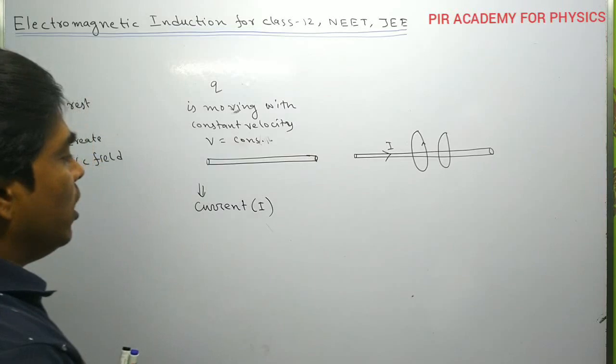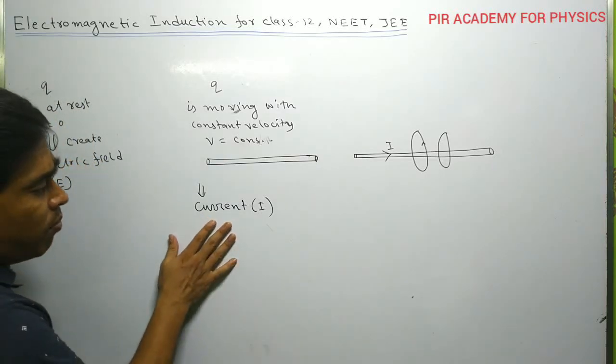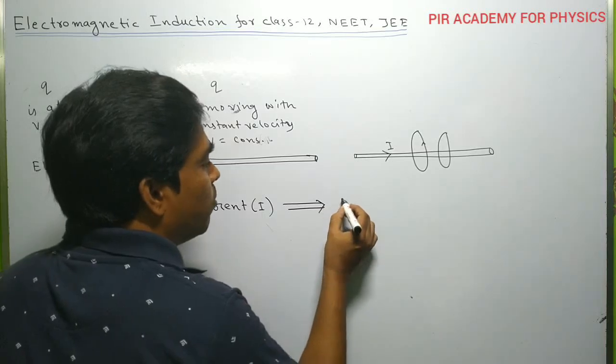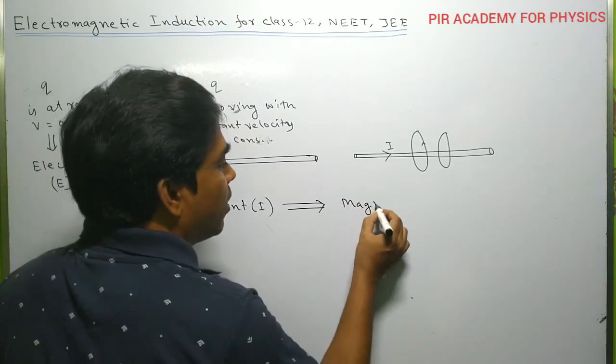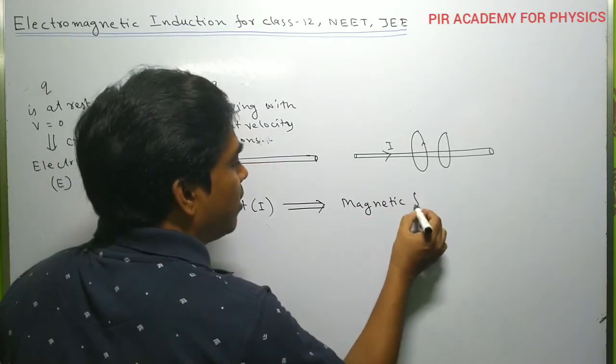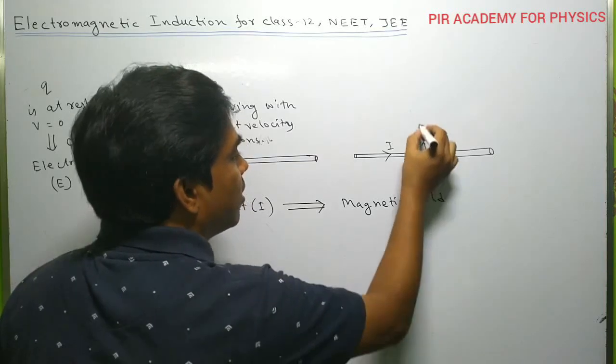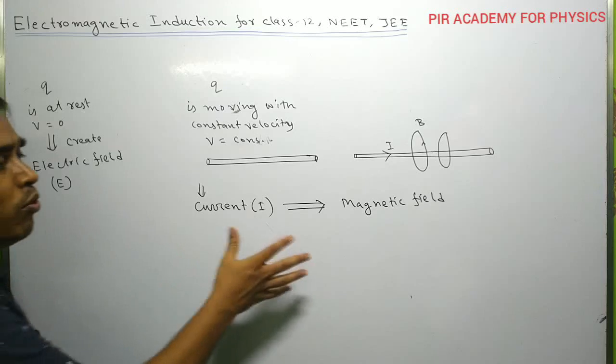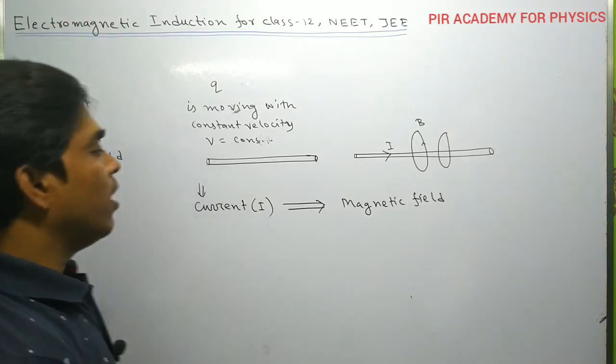So with the help of current you can produce a magnetic field.